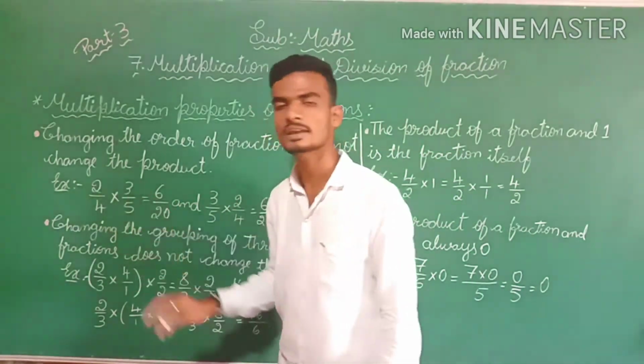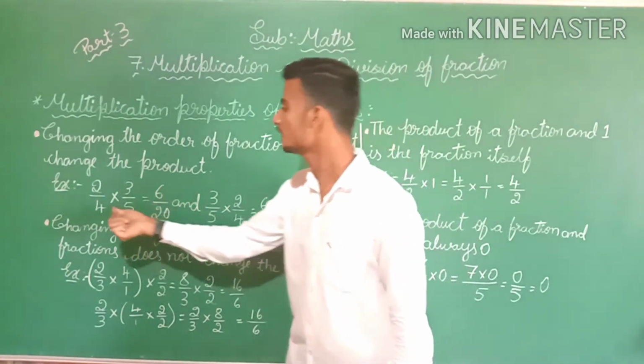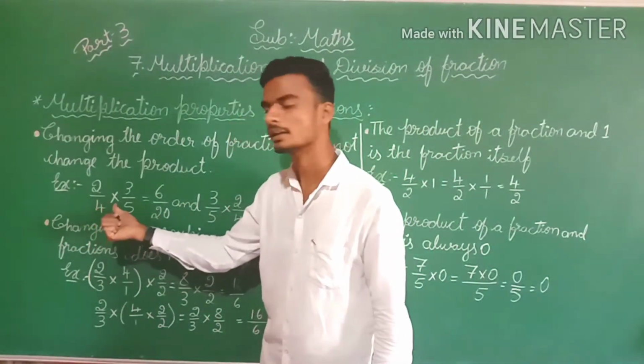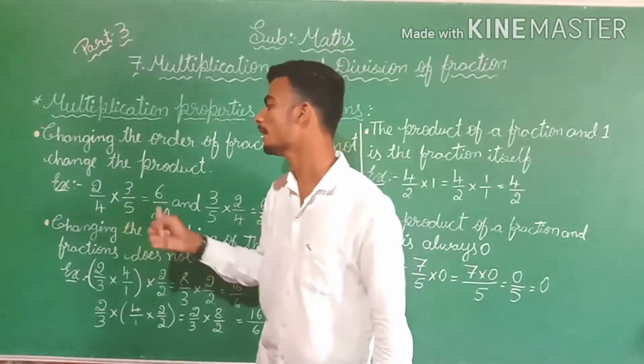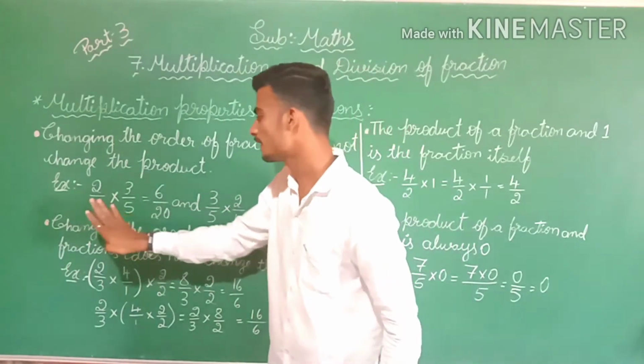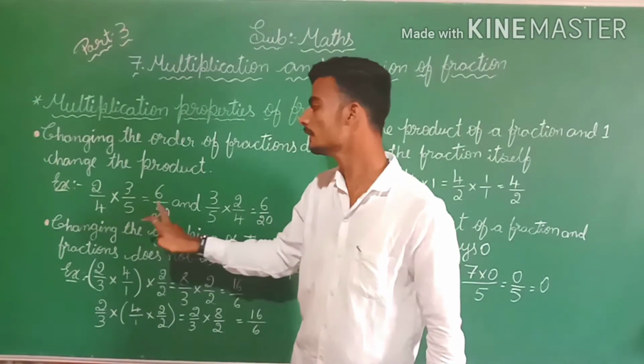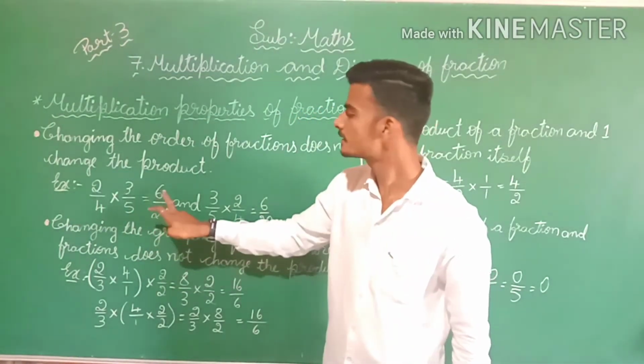See here, I have taken one example regarding this property, that is 2 by 4 into 3 by 5. Now if you multiply these two, you will get the product 6 by 20.